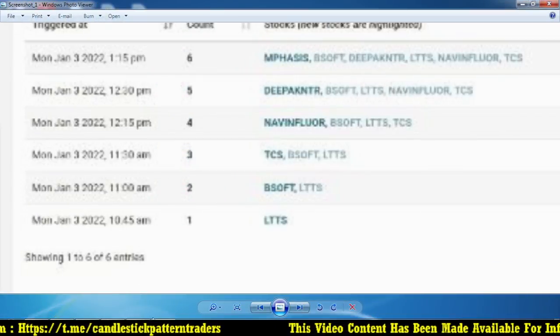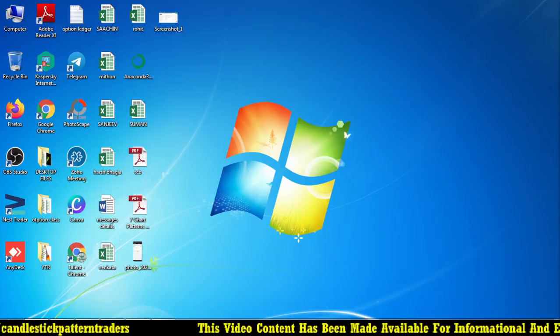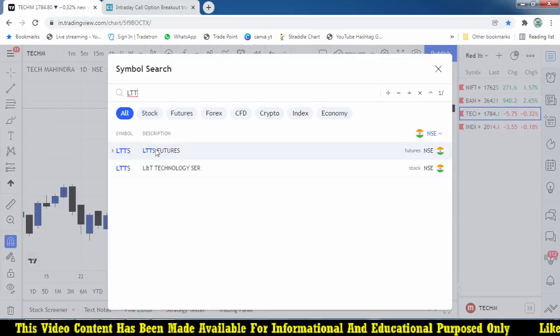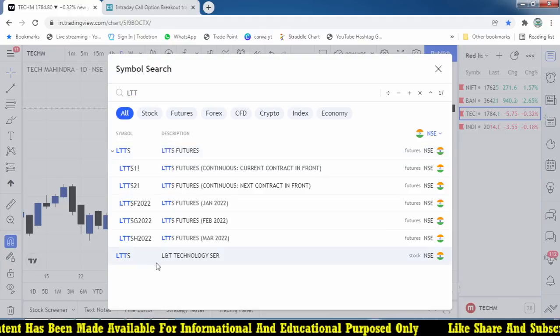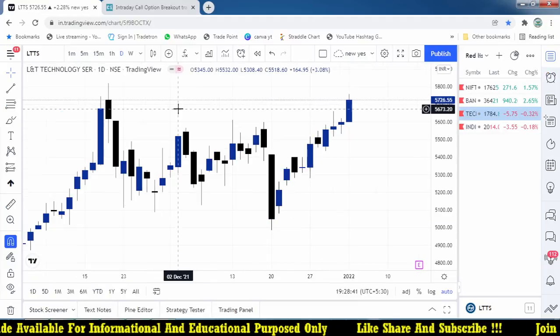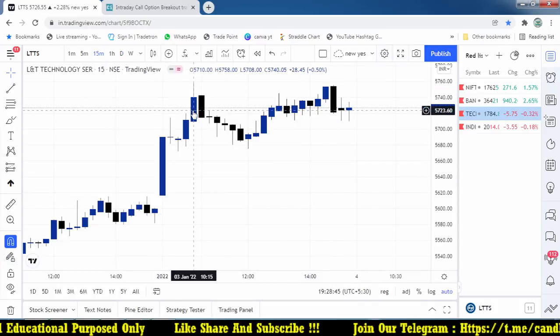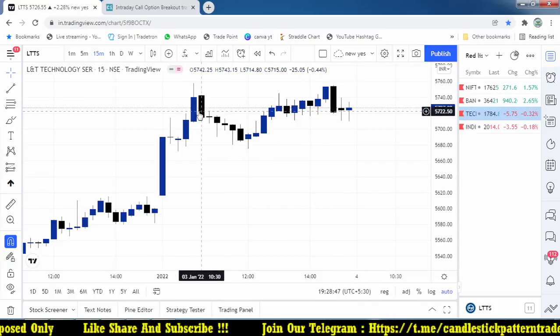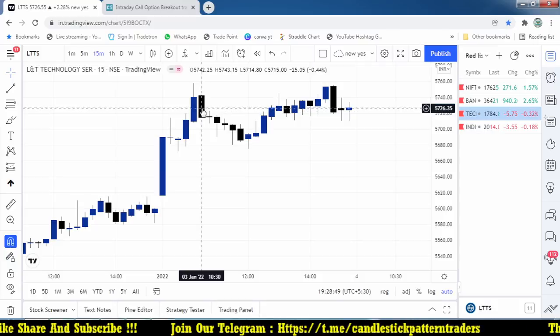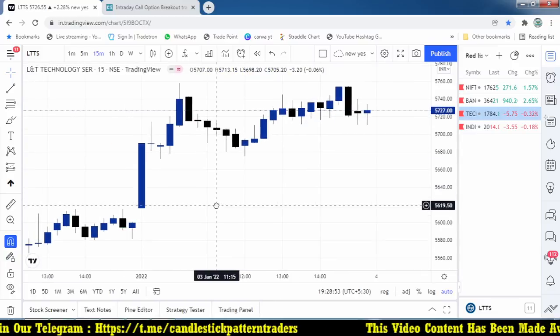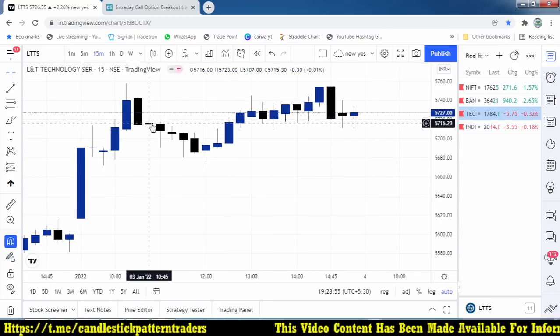somewhere around 10:45. So let me see what happened to LTTS in the 15 minutes time frame, because our minimum time frame is 15 minutes, so we should focus on the 15 minutes time frame, not daily, weekly or hourly. Here it is 10:15, and this is 10:30, and this candle satisfied our condition.